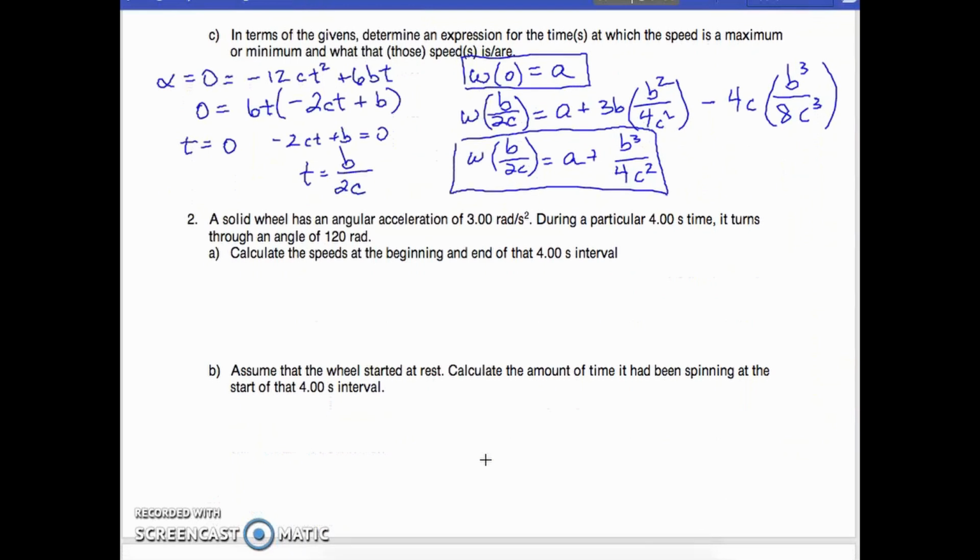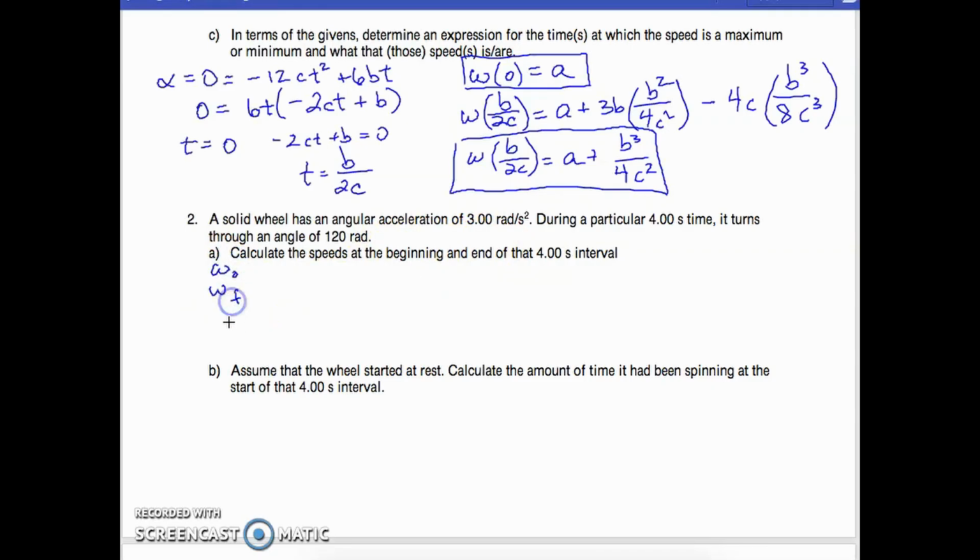All right, problem 2. We have a constant angular acceleration. This is just a number. And during some 4-second time, it's going to turn through 120 radians. We're not told what the original speed is or what the final speed is, but we can calculate the speed at the beginning and then at the end of that 4-second interval.